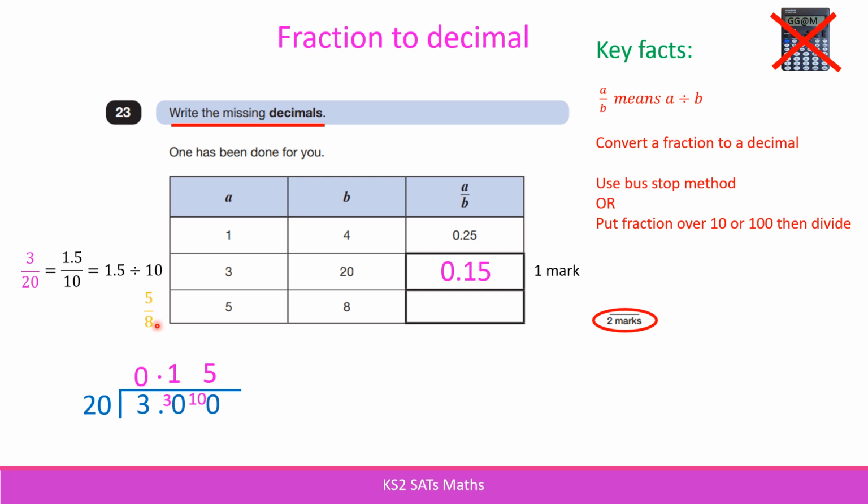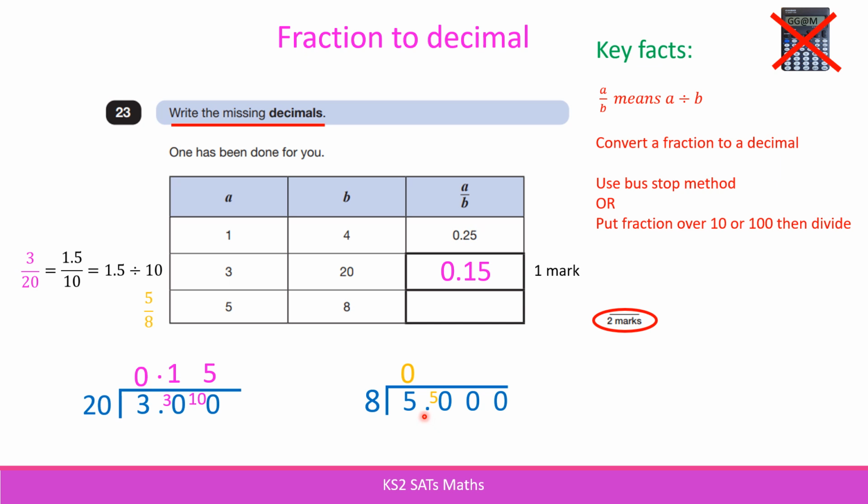So 5 over 8. So we're dividing by 8, so 8 goes at the front of the bus stop. Now we've got 5, and that is the same as 5.0, and we can have as many zeros as we like afterwards. 8 goes into 5 0 times. Whatever number is here is what's left over. That gets written up here. So I've got a 5. So I'm now looking at 8 into 50.